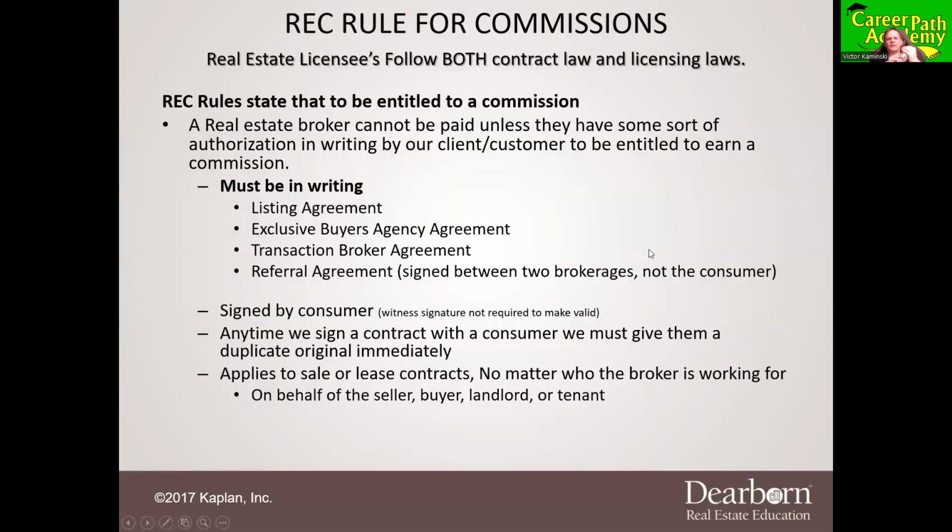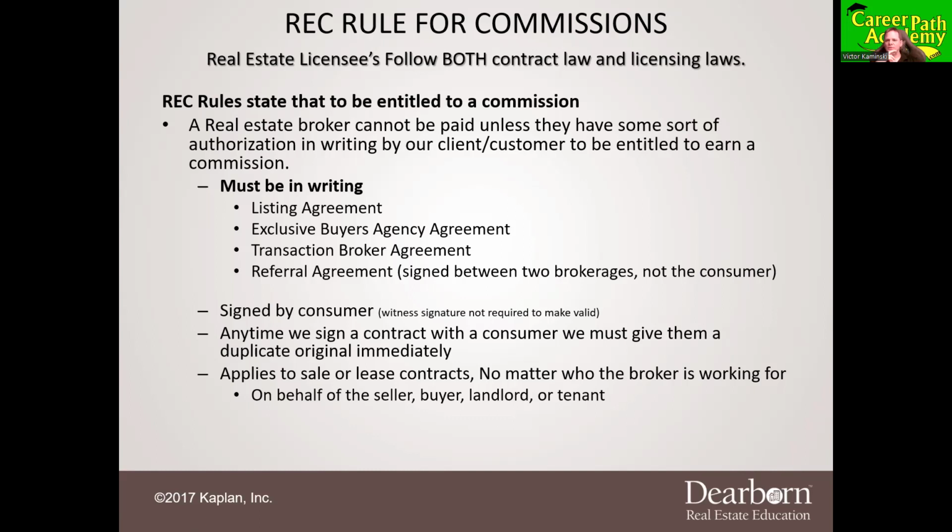So the Real Estate Commission's rules state that licensees follow both contracting law as well as licensing laws. The REC rules state that for us to be entitled to a commission, a real estate broker cannot be paid unless they have some sort of authorization showing that they were hired, and they have that authorization in writing by our client or customer.